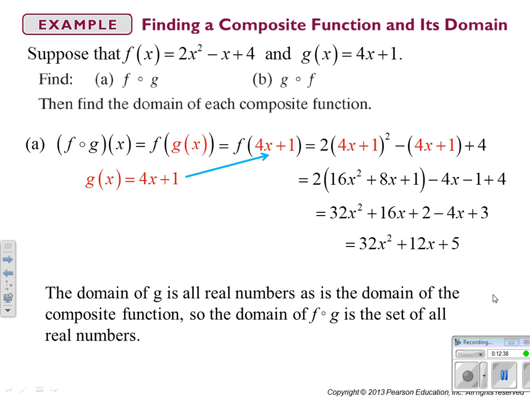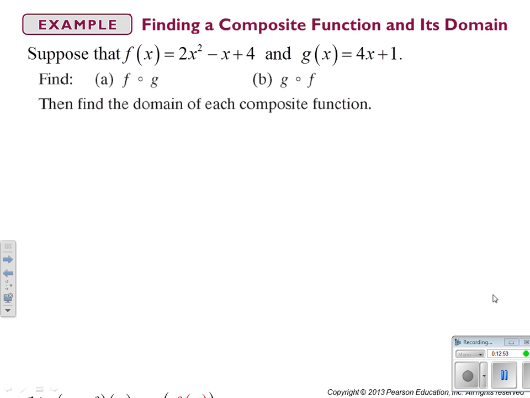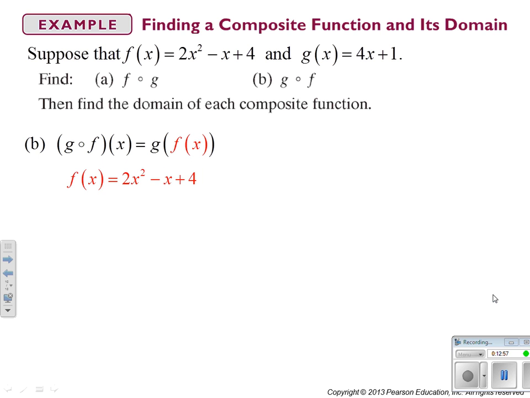All right, let's repeat this process, but instead of f of x, we're going to take where the x is in g of x. We're going to put parentheses right after the 4, and we're going to shove the entire f of x function into there.